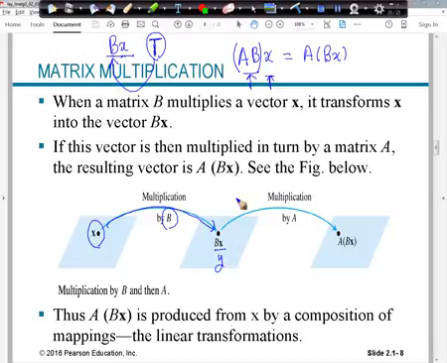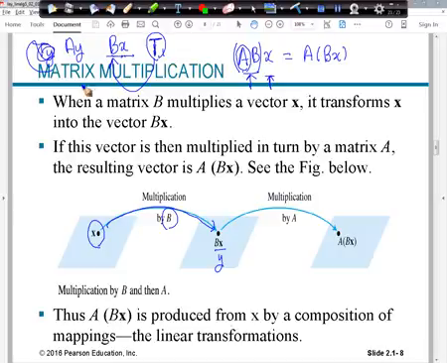After that, we also compute the matrix multiplication with A. So we can think of another transformation of Ay, for example.